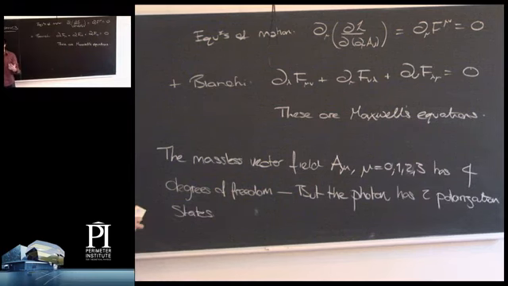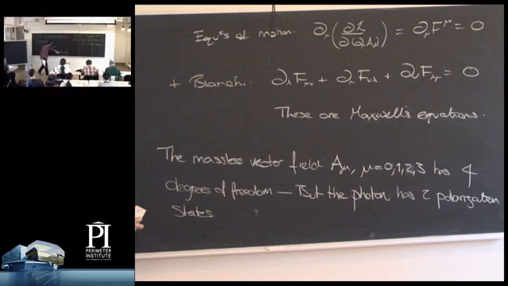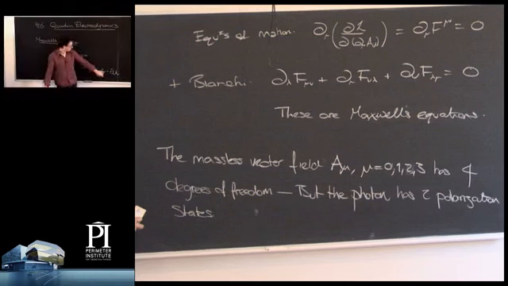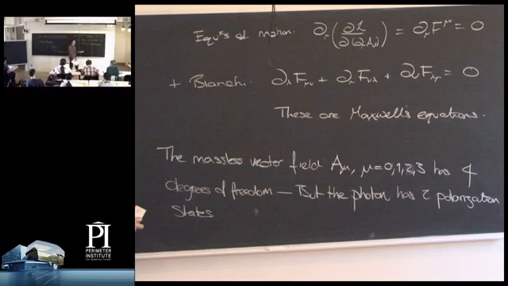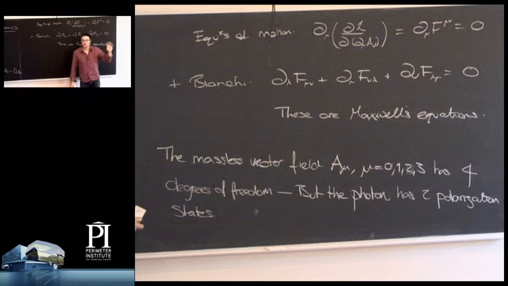And you can see the problem immediately because this A mu, which is going to be the field we want to quantize, has an index that takes 4 values, 0, 1, 2, and 3. So if we were going to quantize naively, you might think that there's basically 4 fields, and each of them is going to give rise to a particle. So I'm going to have a photon which somehow has 4 possibilities, or 4 degrees of freedom.